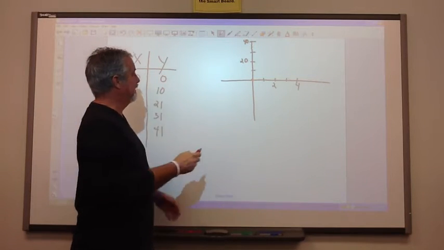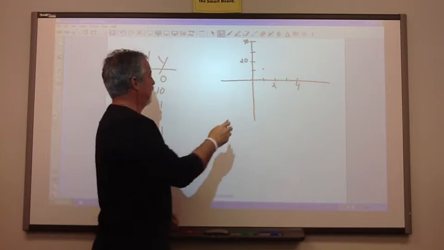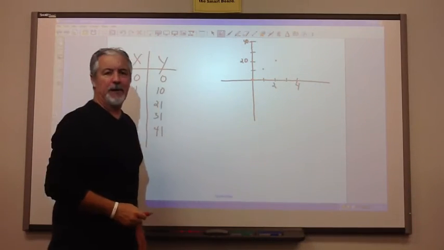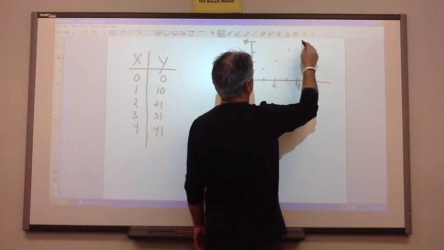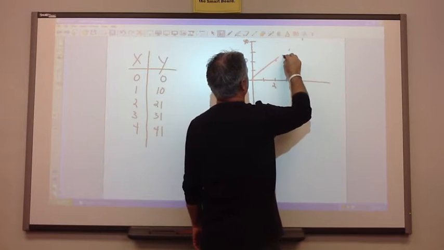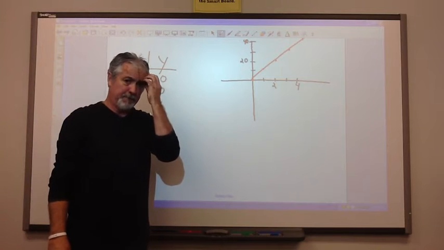We have 1, 10. 2, 21. I'm trying to do the best I can here. 3, 31. And 4, 41. And hopefully what we see is, this makes a very nice straight line.